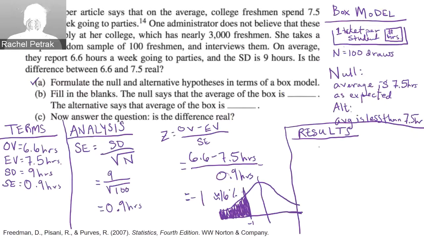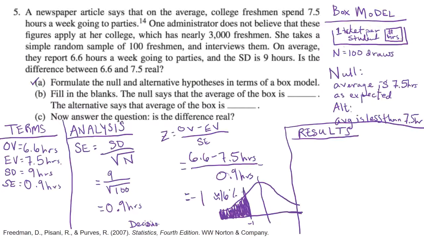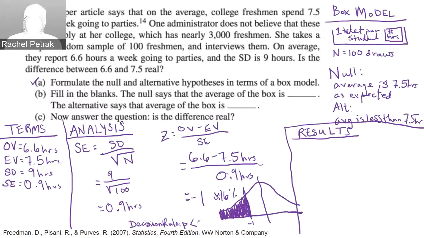We know it's due to chance variation because we have a decision rule that is pretty static. It says if P is less than 5%, then it's significant.